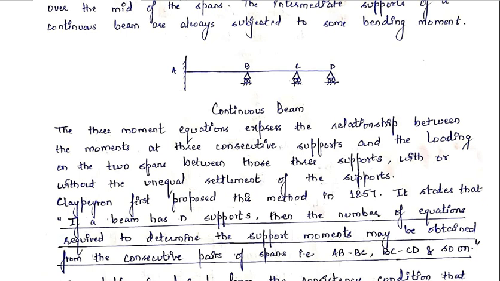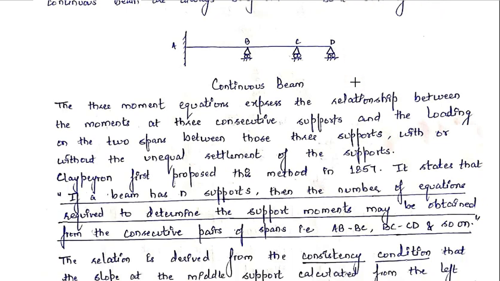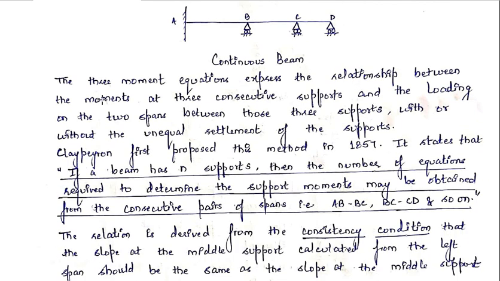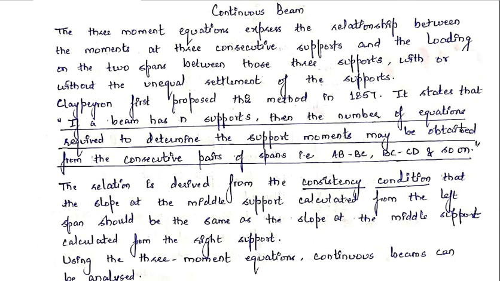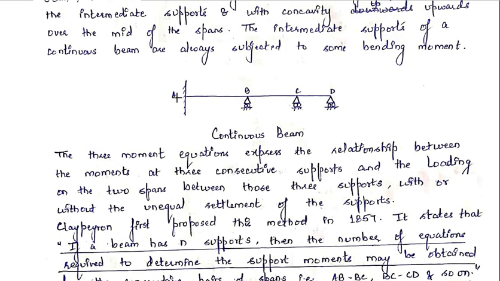See, how we find out the values or how do we analyze the continuous beam, we will see in the derivation below. So one thing you need to remember is that before deriving the three moment equations, we make one assumption, or we use one consistency condition, and that condition is that the slope at the middle support calculated from the left span and the slope at the middle support calculated from the right span are equal. It means that if we take these three supports A, B, C, and your B support settles down, the beam will become something like this.